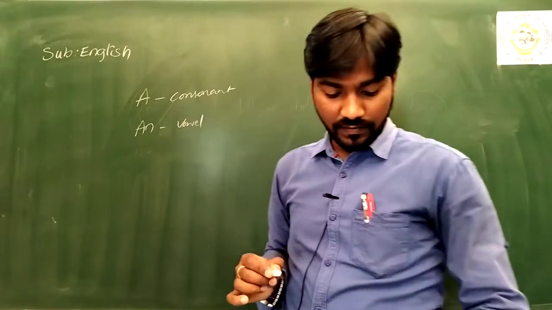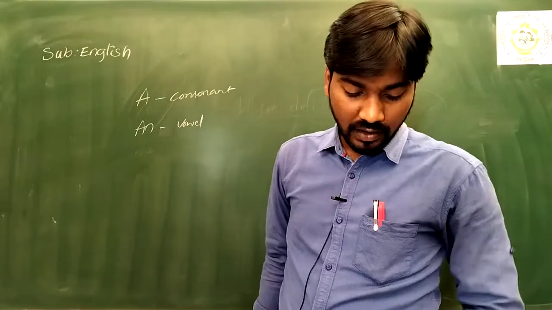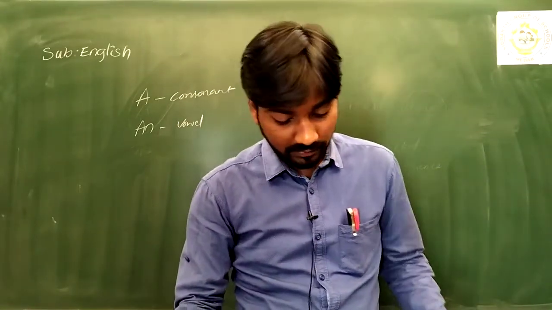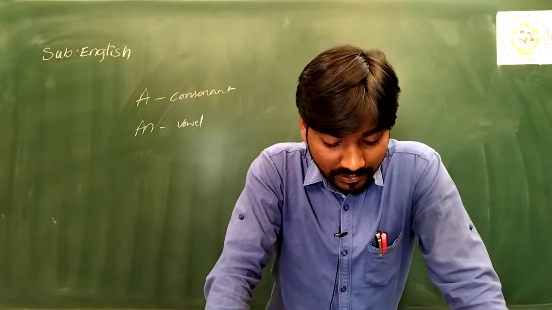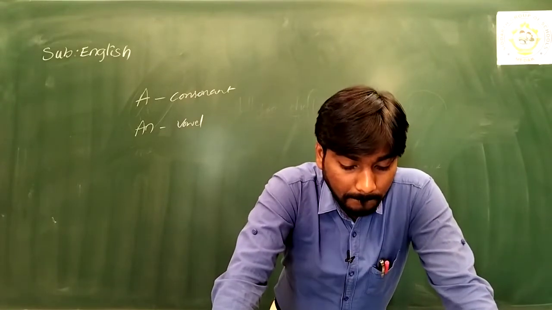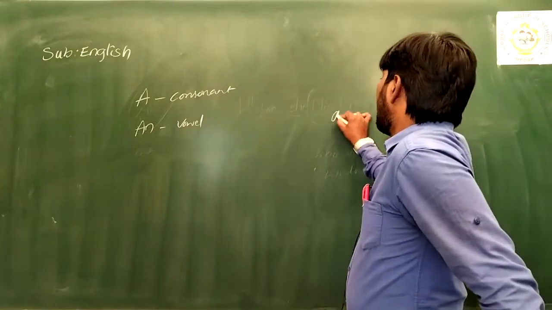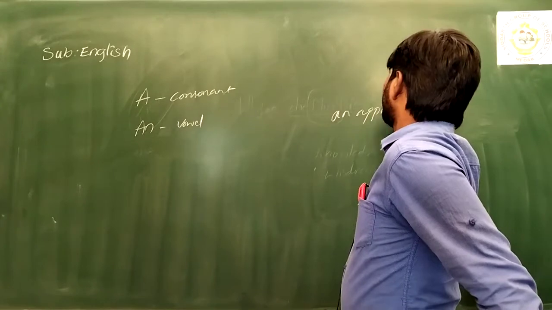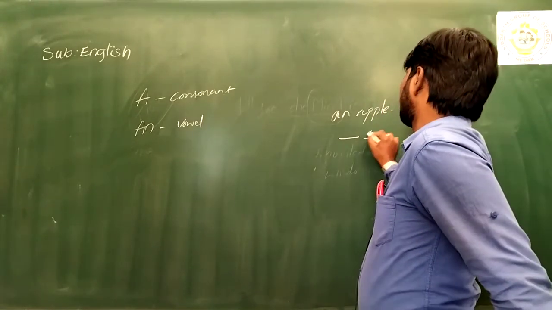The second rule: we have seen where we use a or an with countable nouns or uncountable nouns. For example, you can say an apple.